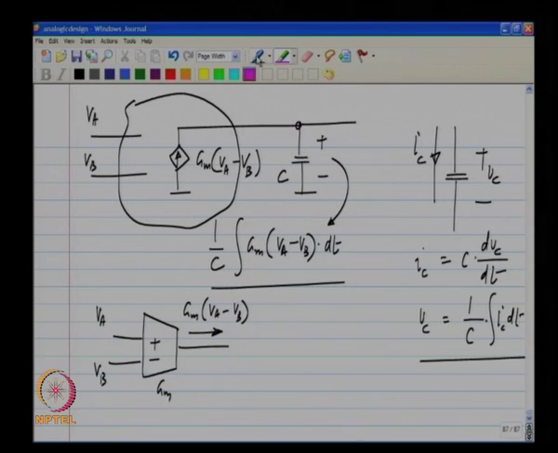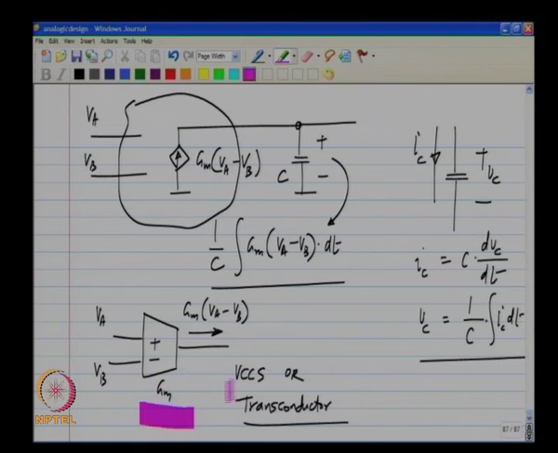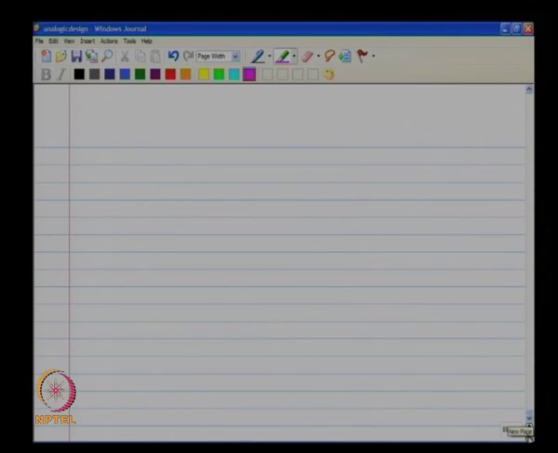So, this is the voltage controlled current source or a transconductor. Okay. And this value Gm is the transconductance of this transconductor. Okay. Now, I will rewrite my integrator using this symbol.